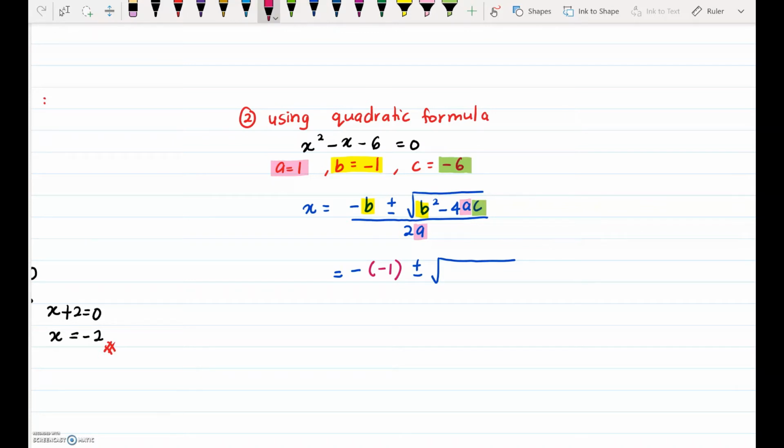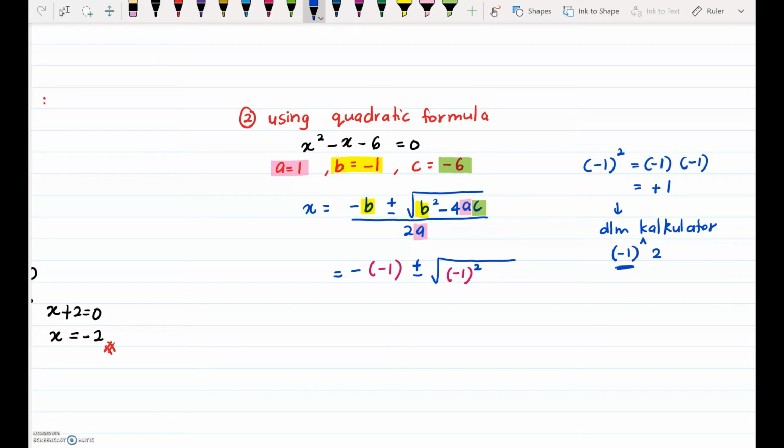B squared dia adalah negative 1 squared, which is negative 1 darab negative 1, so dia akan jadi positive 1. Kalau dalam calculator, make sure letak kurungan. We will write negative 1 power of 2, mesti dalam kurungan, okay?